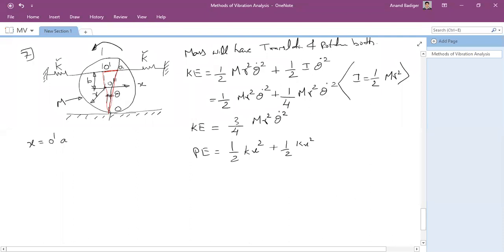I'm going to consider this particular triangle over here. So now if you look into this triangle, there are two things. O dash A is there, and there is also one more line here, O dash to this particular X. So I'm going to use the property of similar triangles here. Okay. So property of similar triangles I'm going to apply here, and I'm going to find out what will be O dash over here.